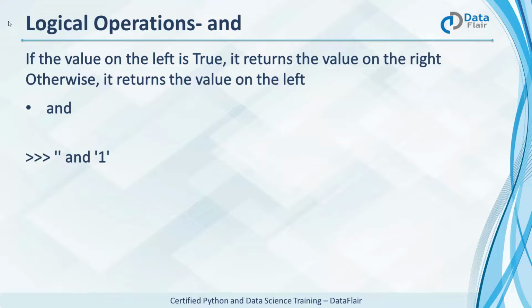An empty string and the string 1. Since an empty string has the Boolean value of false, this returns the empty string and does not evaluate further. But a single space does not have a Boolean value of false, so this gives us the string 1.